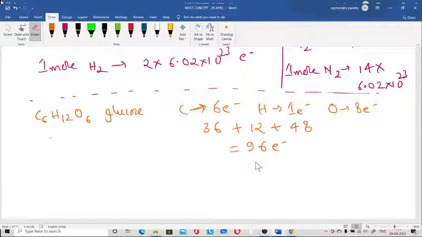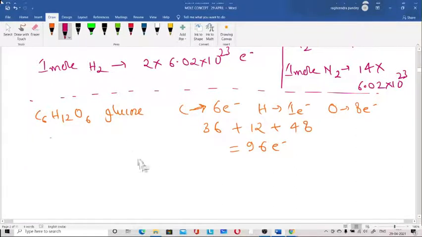1 mole of glucose has 6 moles of carbon atoms. So 96 electrons is for 1 molecule of glucose.